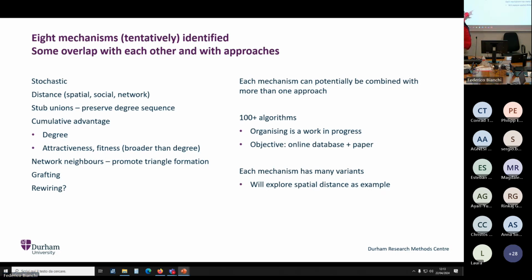They're sort of your stochastic type thing with some sort of probability function, some distance function, spatial and social network type things, and the configuration model, where you start with a target degree sequence and construct your edges from those. And cumulative advantage, not just the degree, but different types of attractiveness, fitness type things.